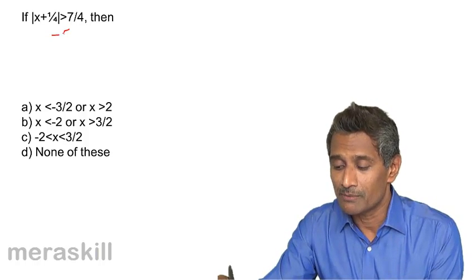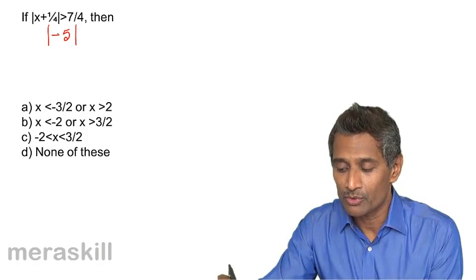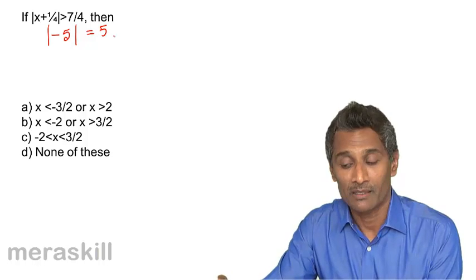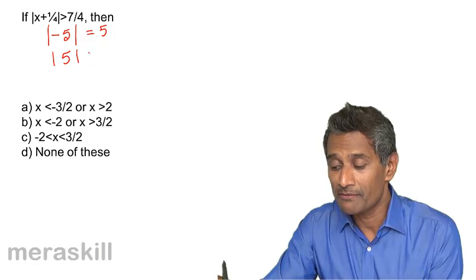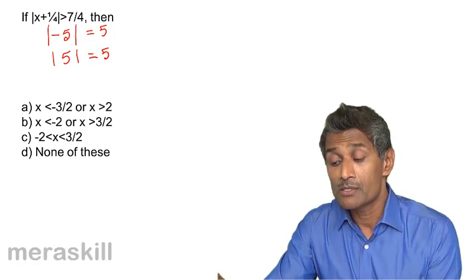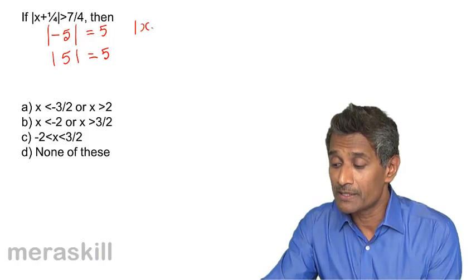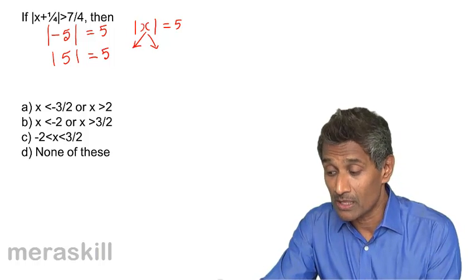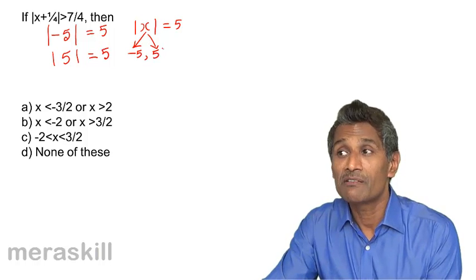Suppose you have a number minus 5 and its absolute value, which is also called modulus, is 5, and the absolute value of 5 is also 5. So if I say the absolute value of a particular number is 5, then it could mean the number inside, not the absolute value, could be minus 5, or it could even be 5.